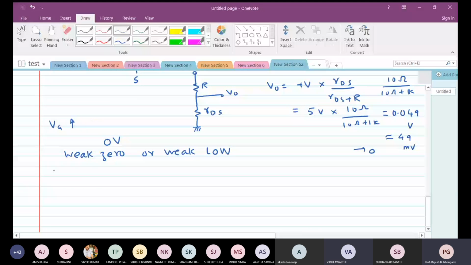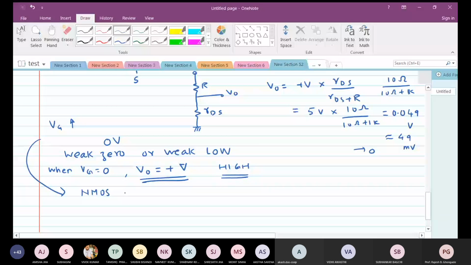Output voltage will be exactly plus V. So there is no problem with the high value. You get a very good high value, exactly as the VDD. So this particular gate using NMOS suffers from weak low. This is one problem.